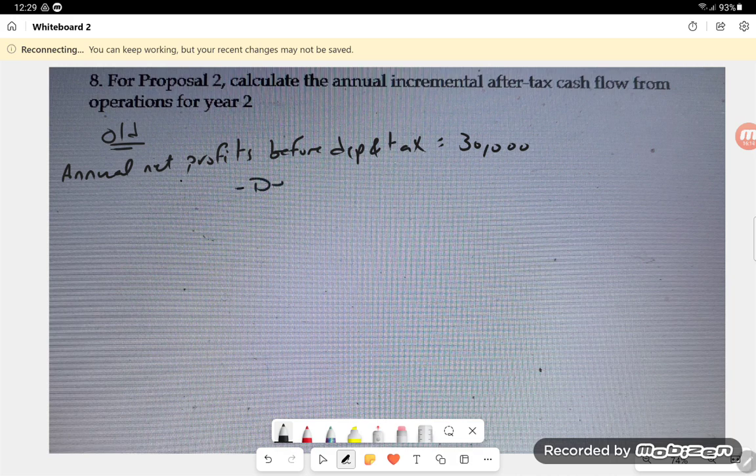So this is minus depreciation, which is here in this example, we assume that the annual net profit before depreciation and tax is constant for all years. So this is annual net profit is 30,000, 30,000, 30,000, and so on.